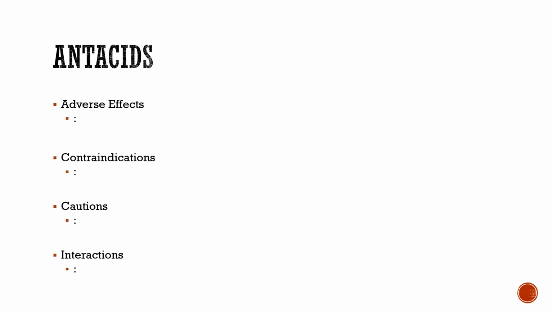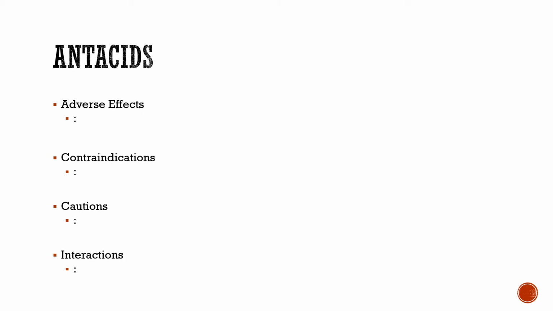Whereas aluminum salts, which I didn't go over in that first slide, but aluminum hydroxide is another common antacid. I think it's called Amphojel or something like that. But anyways, it can cause constipation. There also could be electrolyte imbalances. I mean, think about this. We're giving them sodium, we're giving them calcium, magnesium.